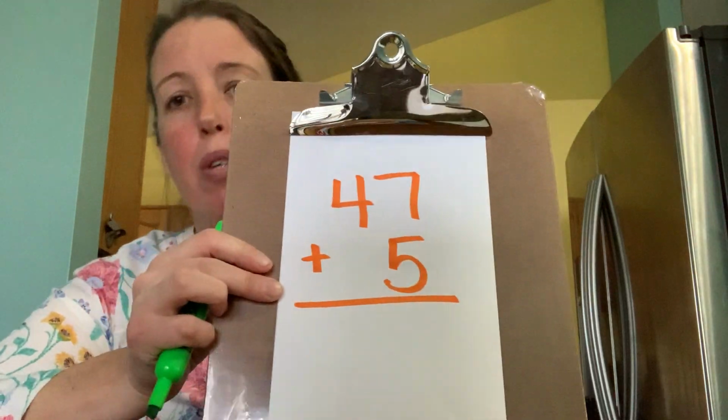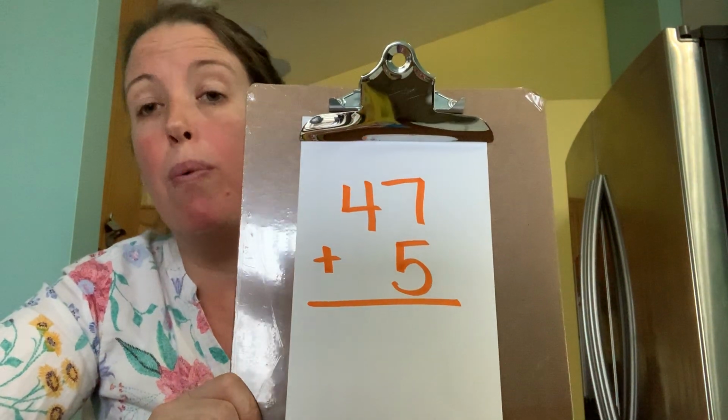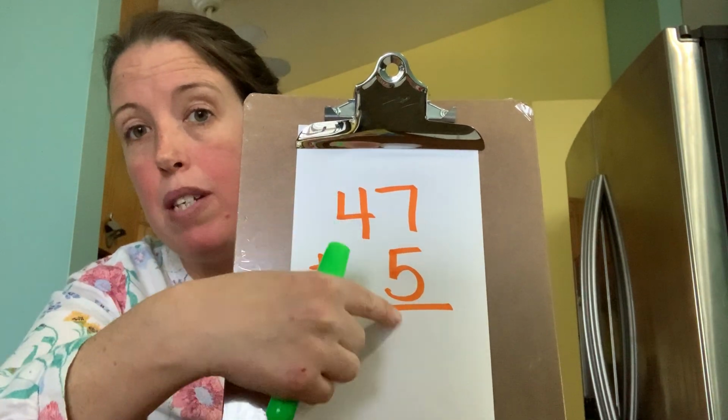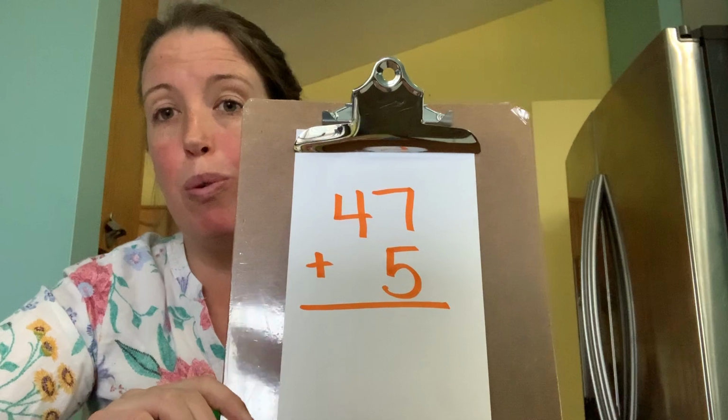Now we're going to take this one step a little more difficult, but I want to first show you an addition question to help keep some reminders in your head. So let's say we're adding something super simple, 47 plus 5. You always start by adding up your smallest place value, which is your ones. So you add 7 plus 5, which equals 12.